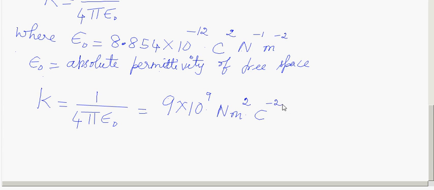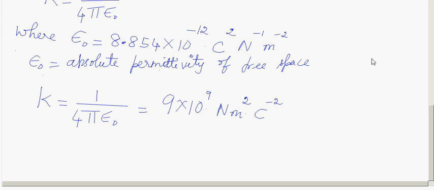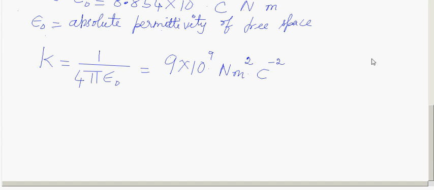Here onwards, for any problem, if you get the quantity 1 by 4 pi epsilon naught, you can directly substitute it as 9 into 10 to the power 9. This force equation holds good if your charges are placed in air or vacuum.